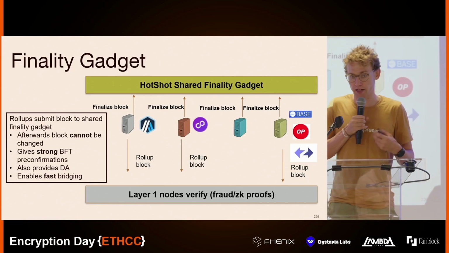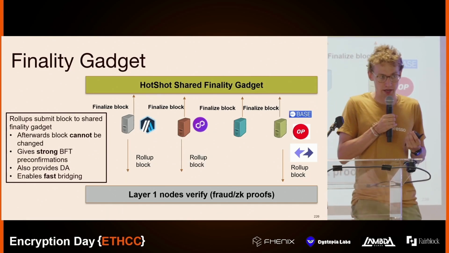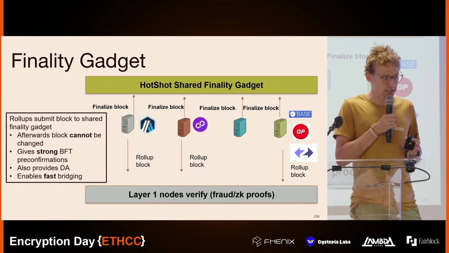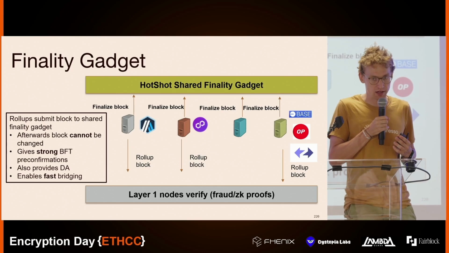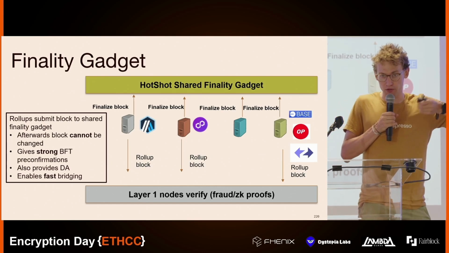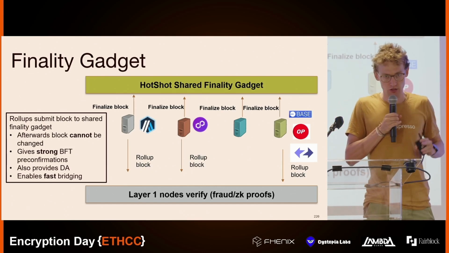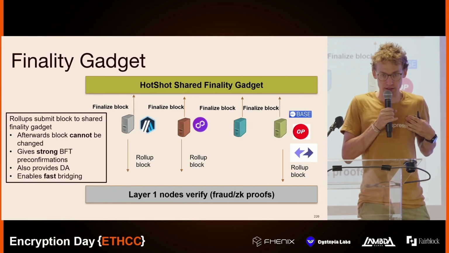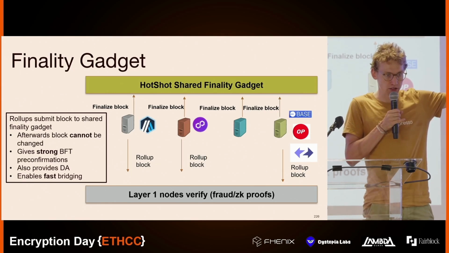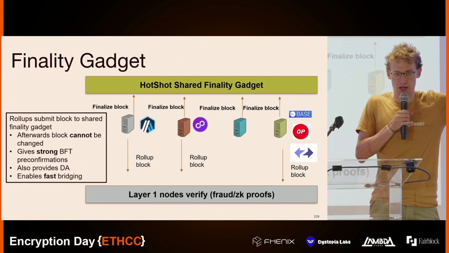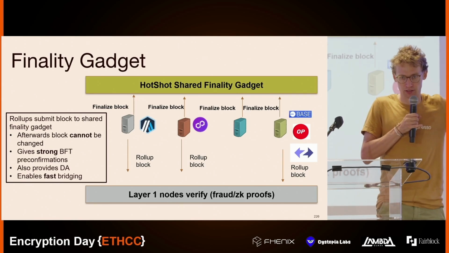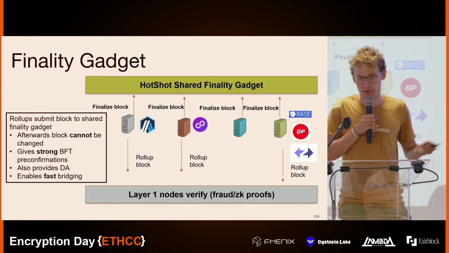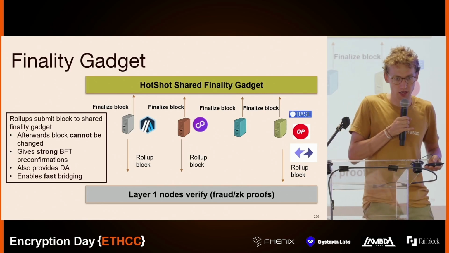For example, it can enable fast bridging. If I'm a bridge provider, then I can see the transactions that were submitted to the HotShot finality gadget. I can run a rollup node myself in order to execute it, so I have full certainty on what the state is. And I see, for example, that I've received some funds in my bridge, and then I should be willing to release the funds on the other end immediately after I received them in the bridge. And in fact, we've demonstrated this with Across.